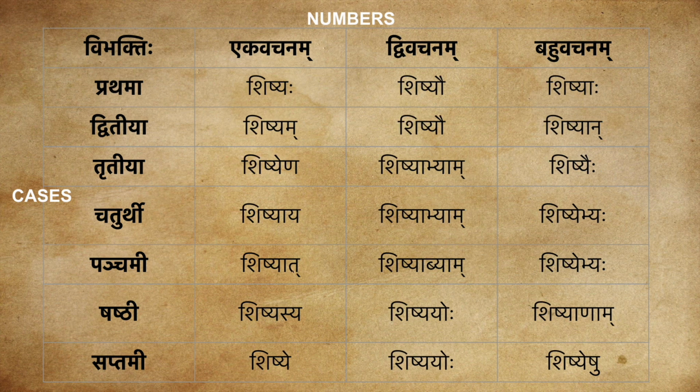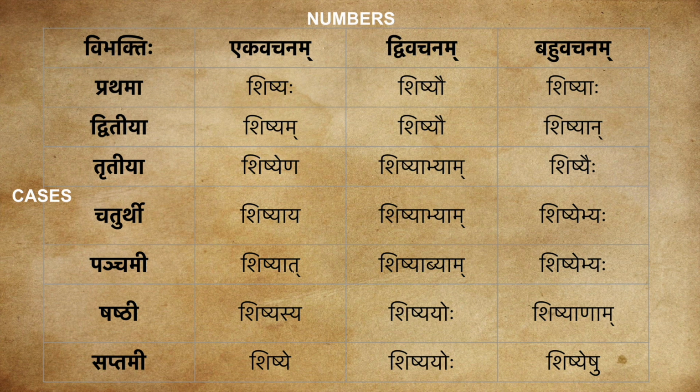Now next we will practice with student, Shishya. Okay. Now we will leave Rama behind. We'll just deal with Shishya. Shishyaha, Shishyau, Shishyaha. Shishyam, Shishyau, Shishyan. Shishyena, Shishyabhyam, Shishyaihi.